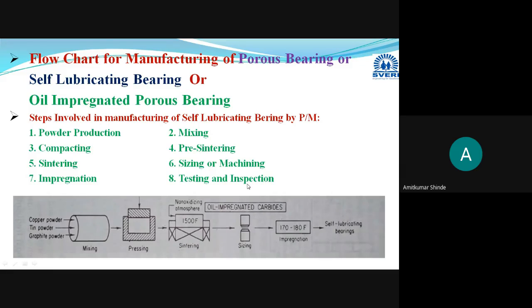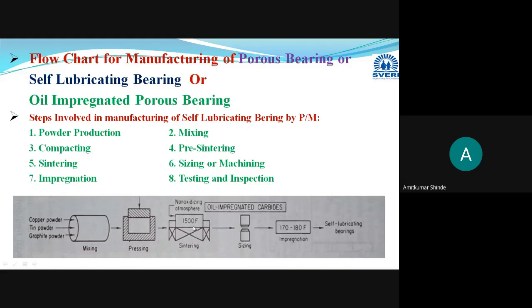Now whichever diagram is available in that Avner book, you can clearly see that they have not mentioned the pre-sintering process. While writing your answer, you have to add the same symbol two times, and first you indicate pre-sintering, and for the next symbol you mention the sintering process. Just the temperature will change.